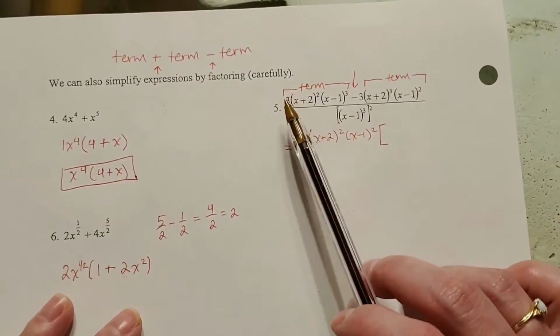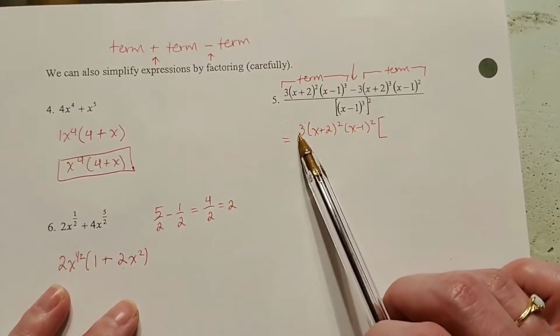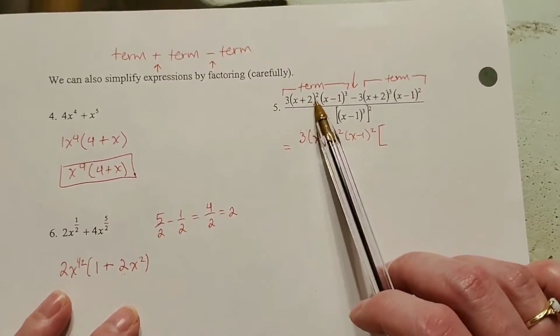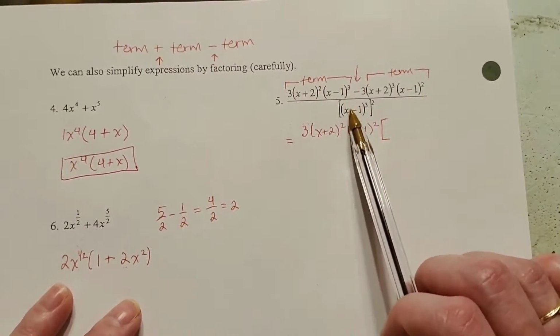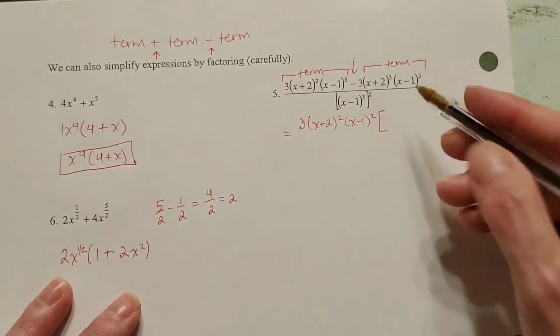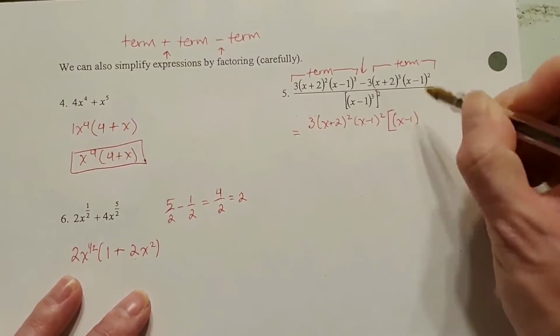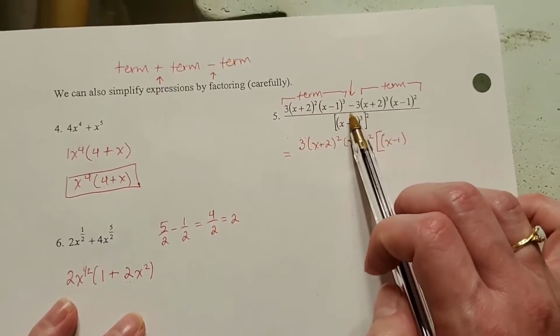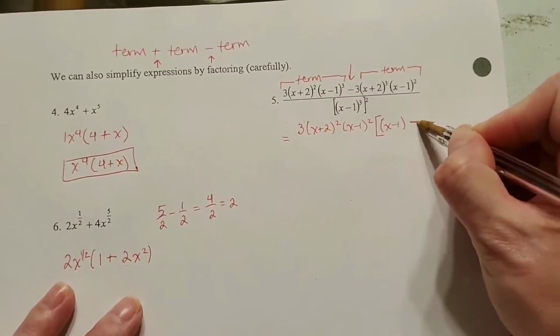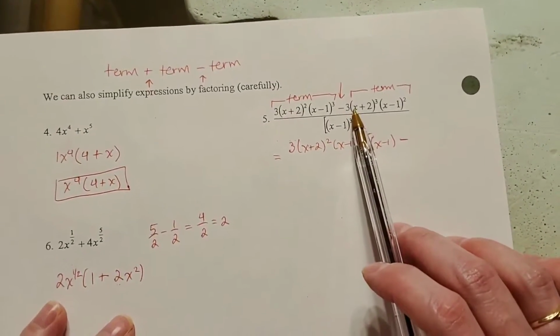Okay. If we take this and divide by 3, we're just going to have 1 left. X plus 2 squared, we took all of those out. X minus 1 cubed, I took out 2 of them, so that means I have 1 x minus 1 left in this term. Okay. And then we have our subtraction sign. And then we have to think about what's factored out of here.